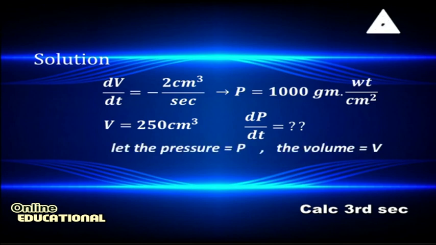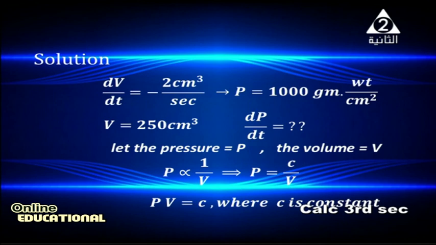We let the pressure equal P and the volume equal V. What is the relation between P and V? P varies as 1 over V. Then P equals C over V, where C is a constant and not equal 0. Cross multiplication. Then PV equals C, where C is a constant.